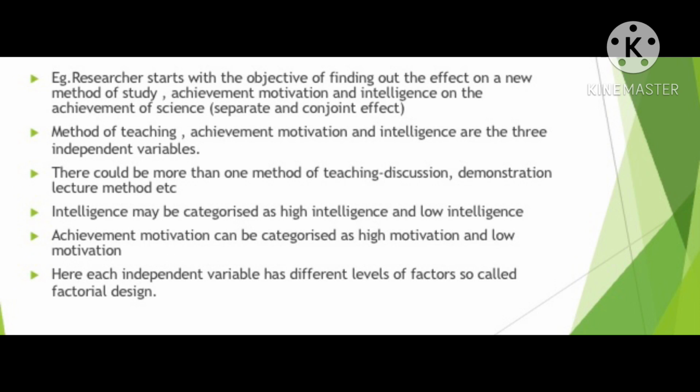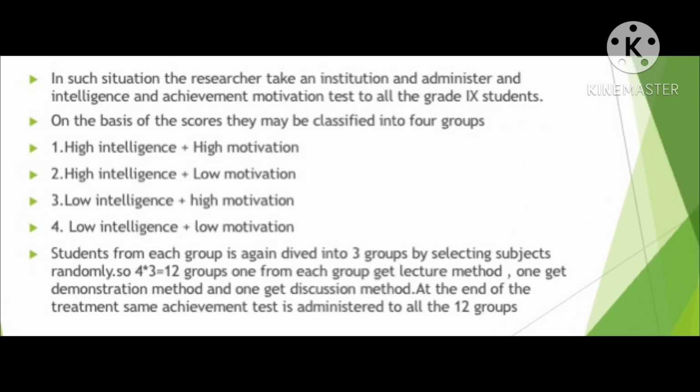Again, achievement motivation is also divided into two groups, high motivation and low motivation. Then method of teaching is the discussion method, demonstration method and lecture method. So here each independent variable has different levels or factors, so it is called factorial design.